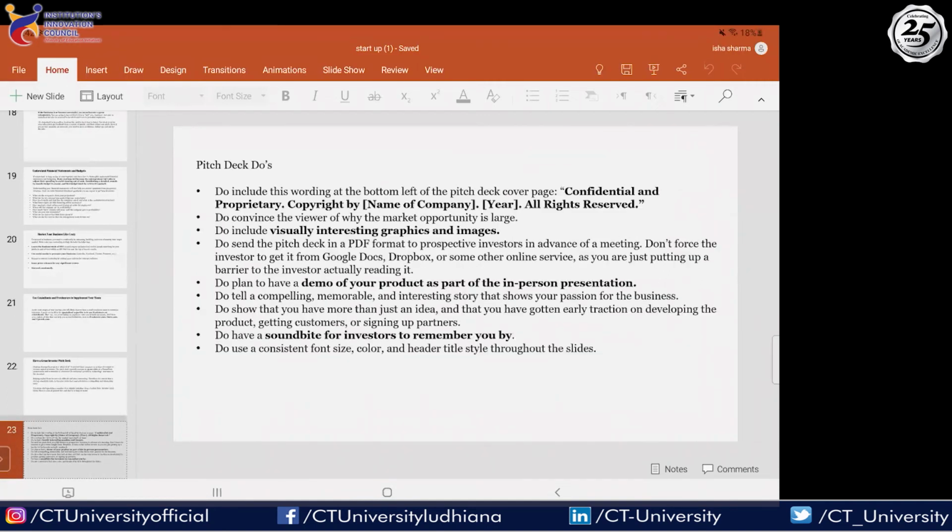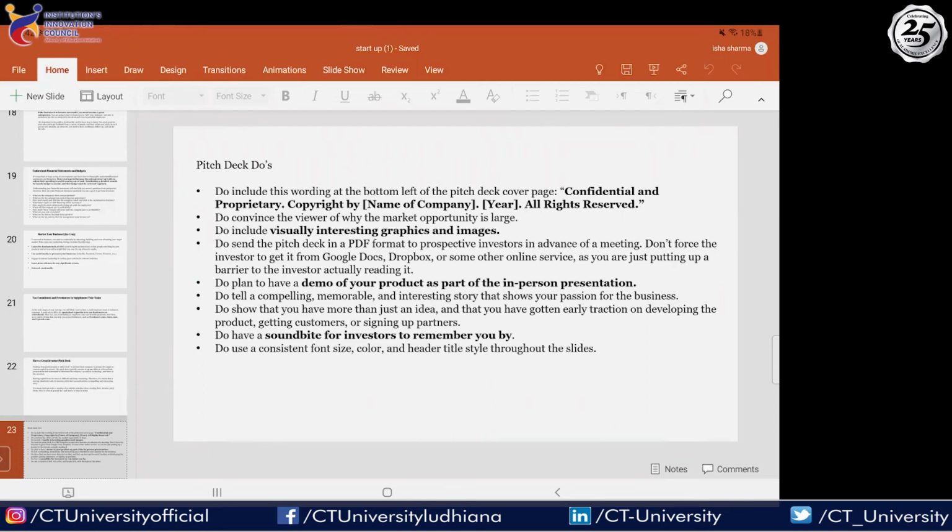Suppose we are talking about whenever you are pitching your idea to any investor. It can be anybody. It can be your university, it can be an individual, an HNI, or it can be a proper firm.